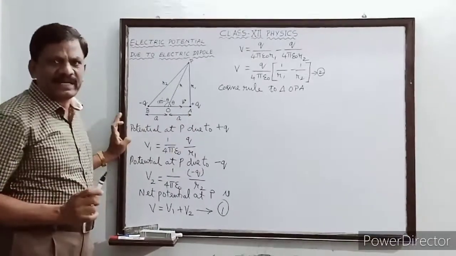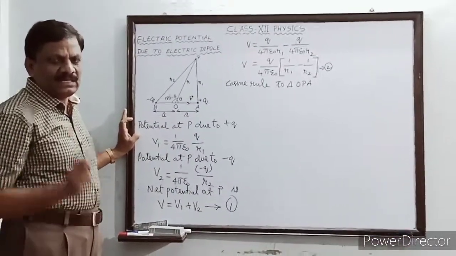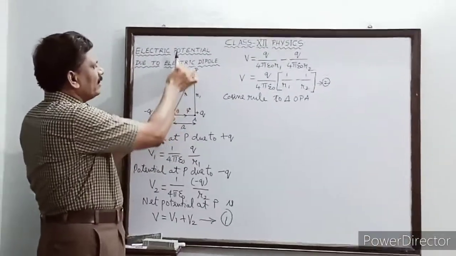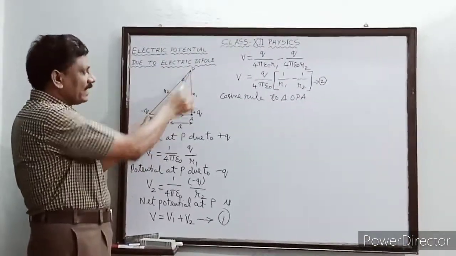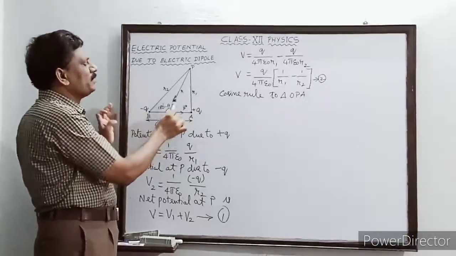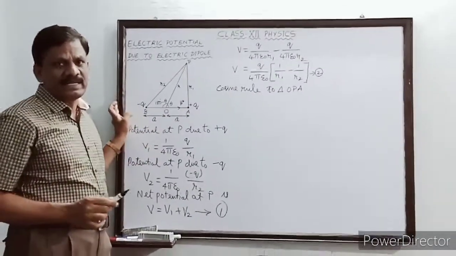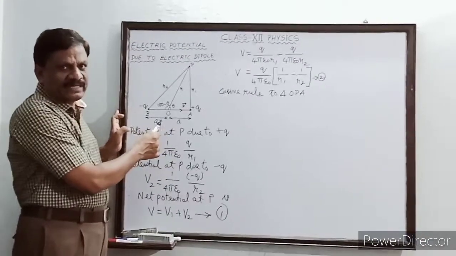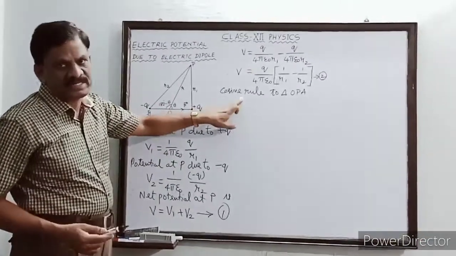This is not a right angled triangle. If it is a right angled triangle, we can take that this is along the equatorial line, and then R1 square must be equal to R square plus A square directly. But since this theta is an acute angle, not a right angle, we are using the cosine rule.